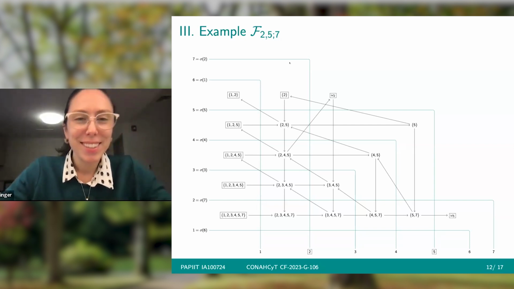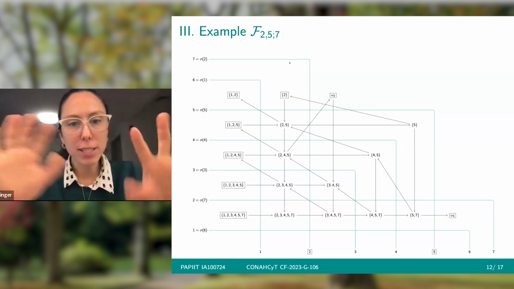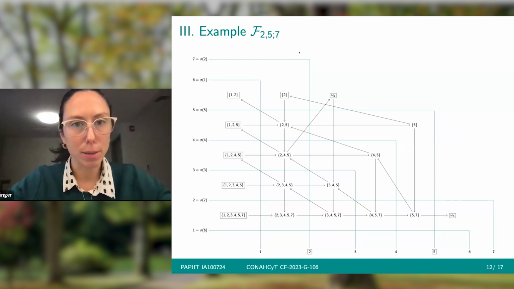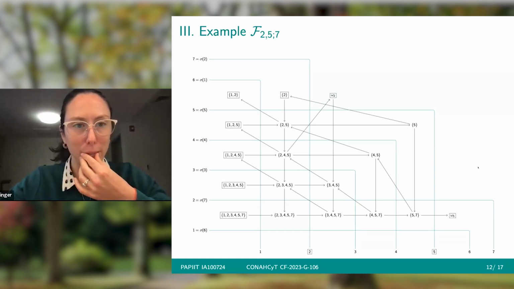So these are not yet index sets of Plücker coordinates or something like that, but they're very closely related. Let me move on, if that's maybe where you're going.